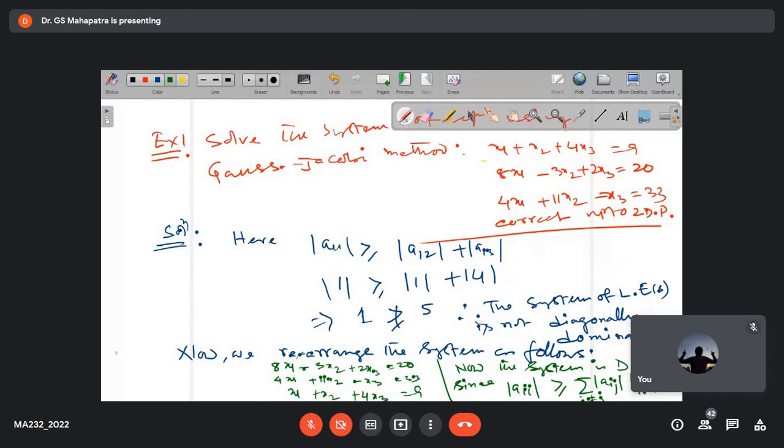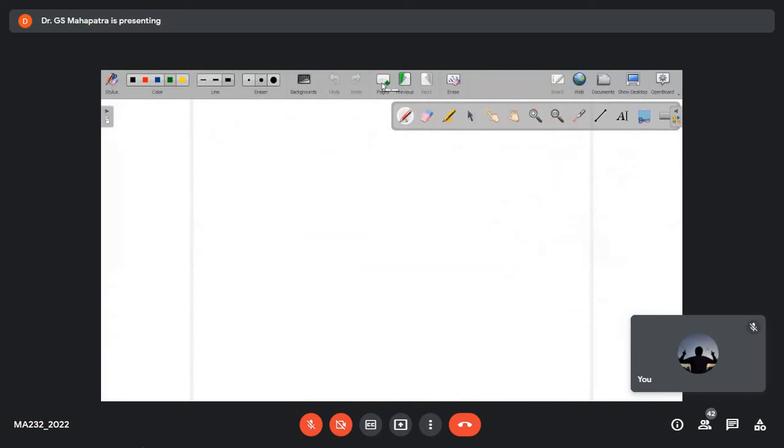So mod of 8 is greater than or equal to mod of minus 3 plus mod of 2, then mod of 11 is greater than or equal to mod of 4 plus mod of minus 1.